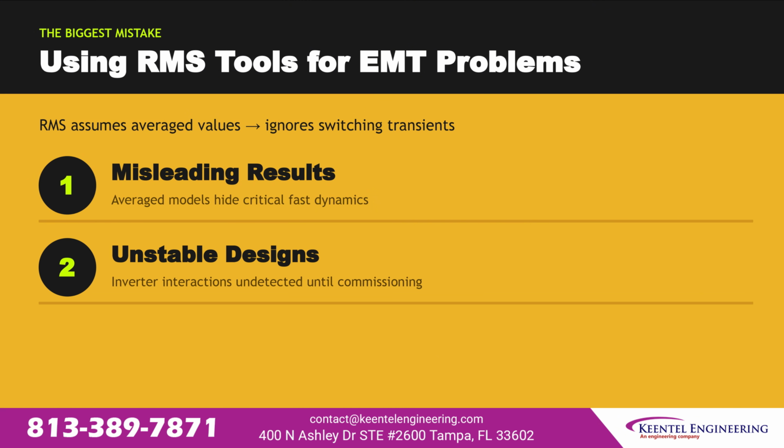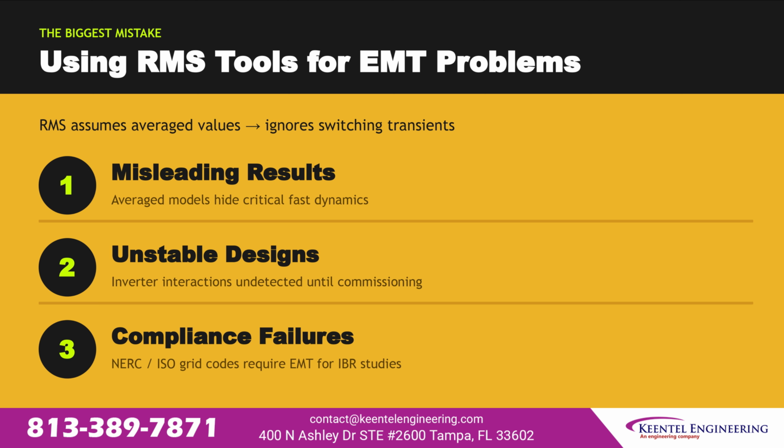Unstable designs: inverter interactions go undetected in simulation and surface at commissioning. That is the worst possible time to find them. Compliance failures: NERC and ISO grid codes now explicitly require EMT for inverter-based resource studies. Submitting an RMS-only study for an IBR interconnection is not a gray area.